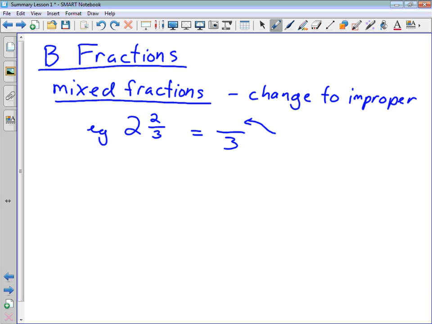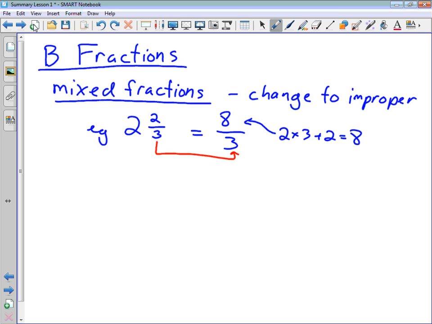I do 2 times 3 plus 2 gives me 8, so this will be 8/3. So here I've got my example, and over here to the side I put just a little bit of explanation about how to do this. If I wanted to make my explanation a little bit more clear, I might say, okay, this denominator comes over to here, and that's about it.